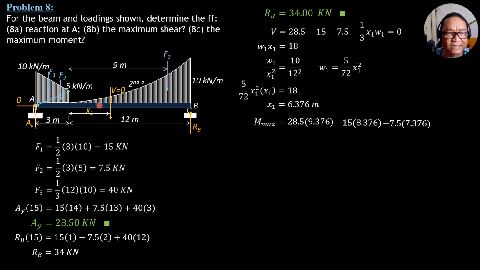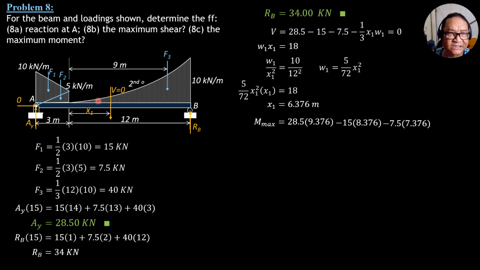this spandrel, 1/3 of x1 times w1, and w1 is equal to this 5 over 72 x1 squared, and the moment arm is 1/4 of x1.